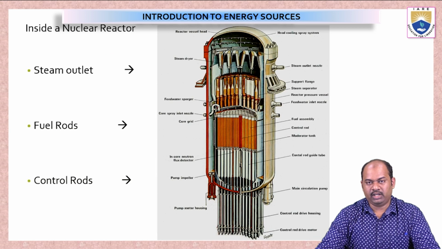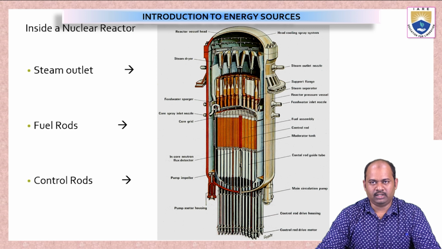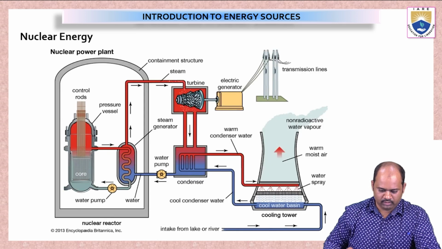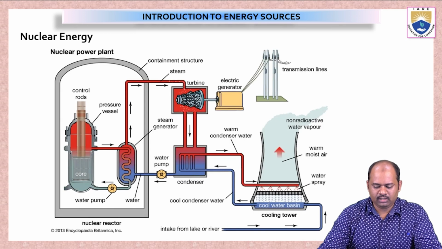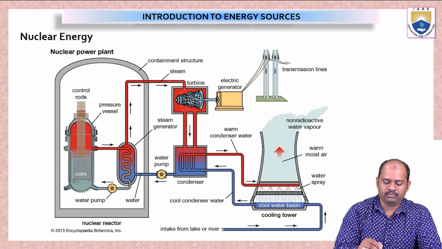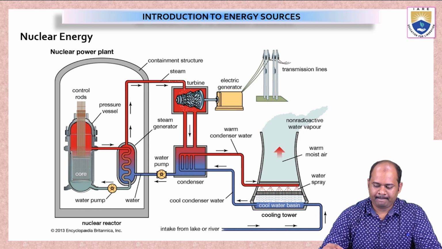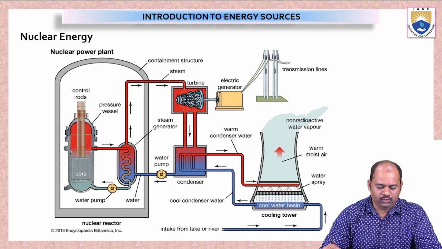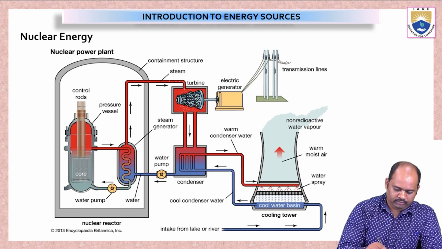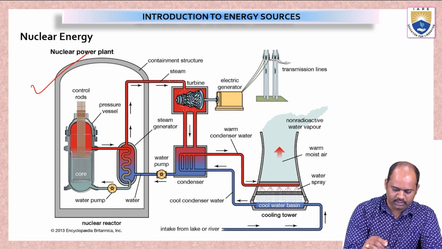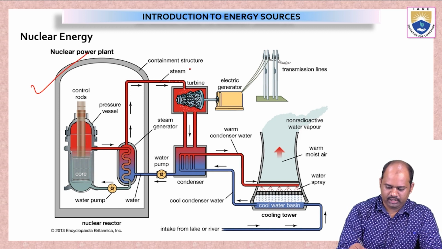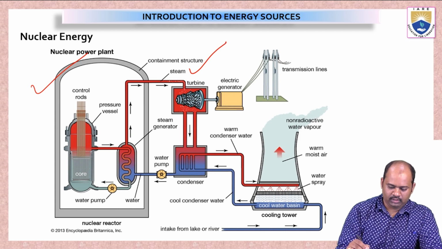Now we'll see the basic working of a nuclear reactor. Before that, we'll see this one. So this is an outline or layout of the nuclear power plant. The nuclear power plant generally contains a large nuclear reactor. This is the nuclear reactor, and after that it contains a turbine which is attached to the steam.